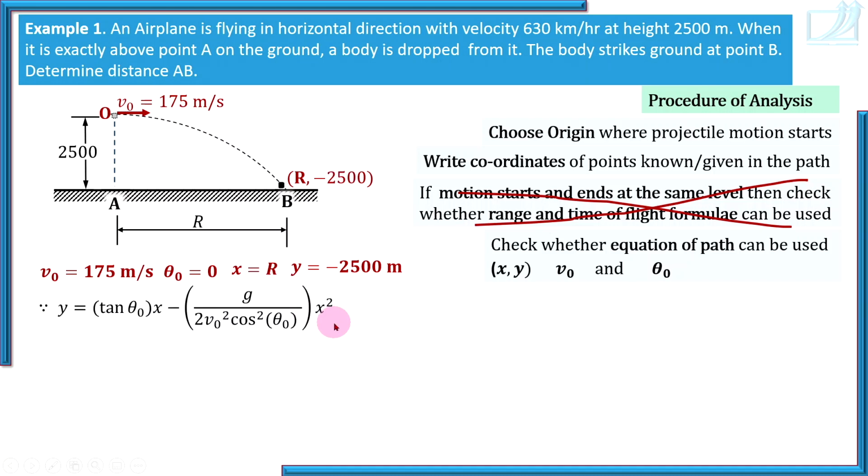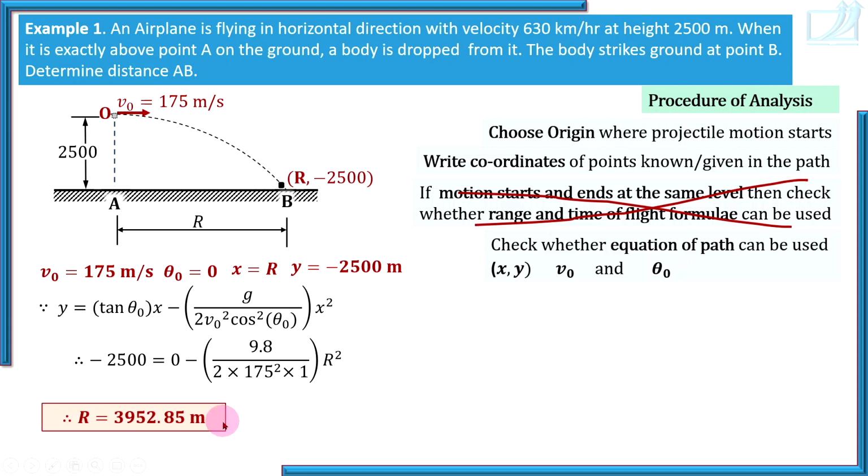So this is that equation of path. Y is minus 2500. Tan theta 0 means tan 0 is 0, minus g is 9.8 divided by 2 V0 squared, that is 175 squared, into cos squared theta 0, but theta 0 is 0, cos 0 is 1, and that is why it's 1, into R squared, and you will get the answer.